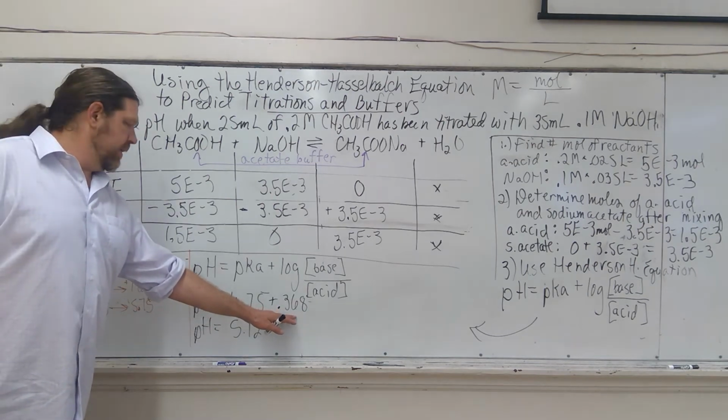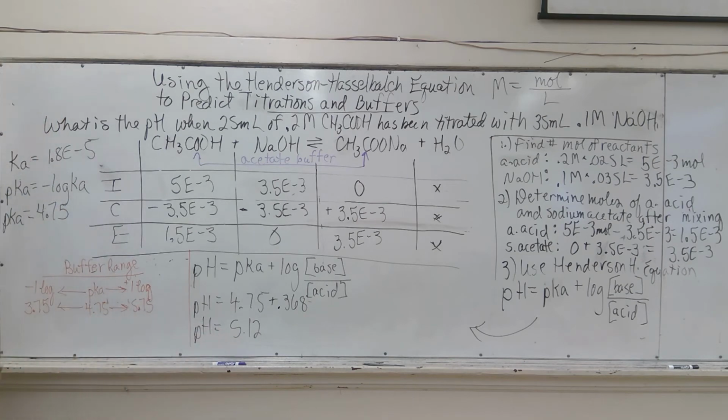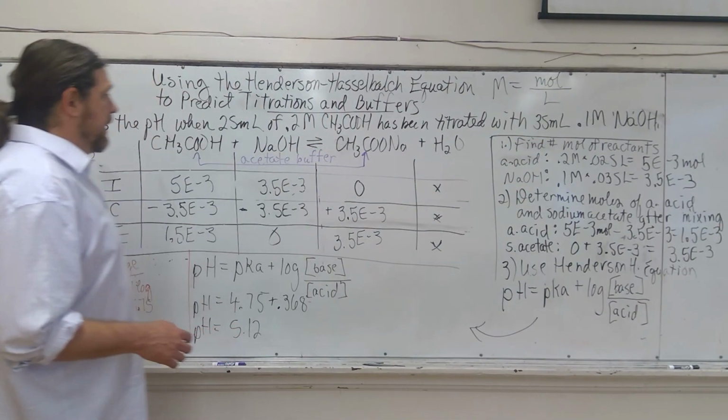The log of that is 0.368. We add to the pKa, and that is our predicted pH. So this gives us a snapshot of where we predict that the pH would be if we were titrating to this volume of our titrating strong base.